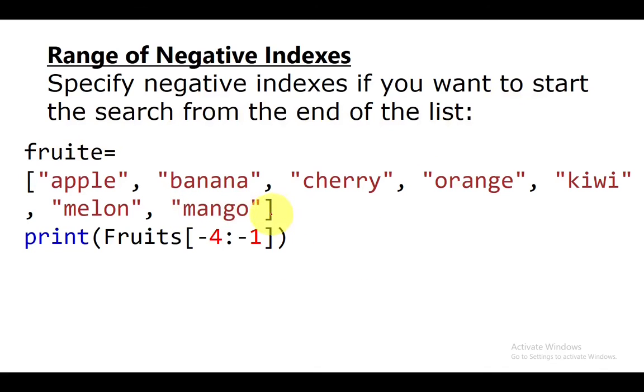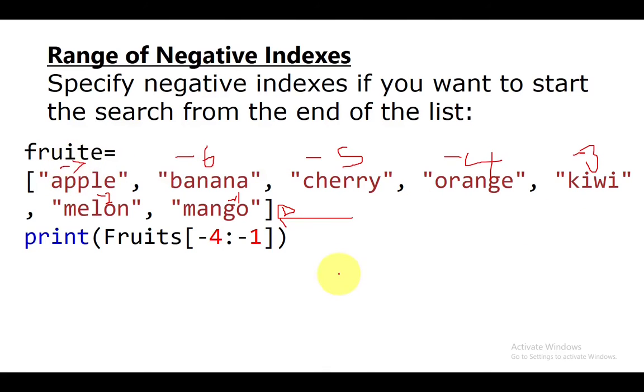So basically, if you want to start picking values from the back right here, you start with -1, then the next one will be -2, that's counting from the back, then -3, -4, -5, -6, then -7.